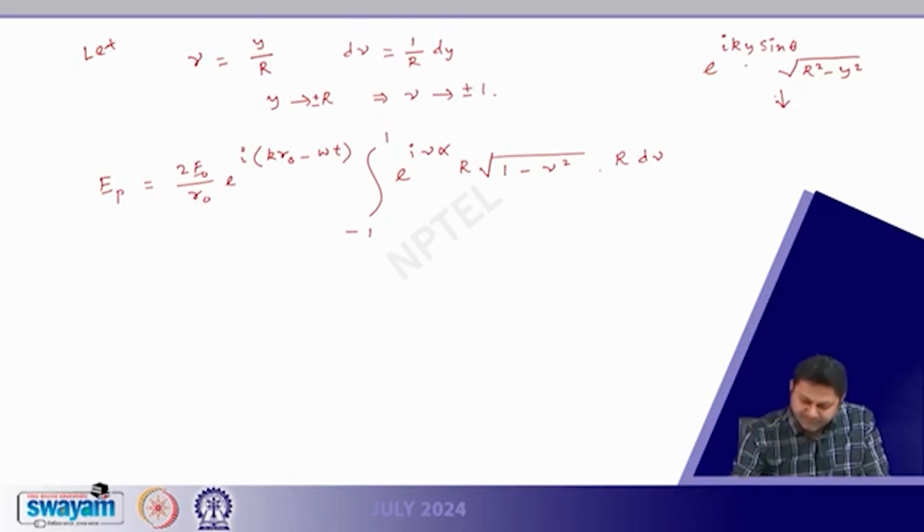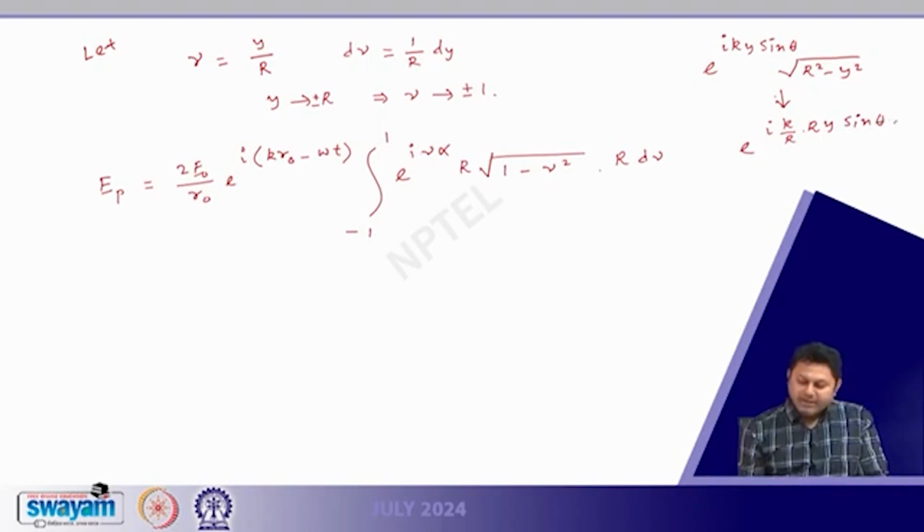So, this term actually is written e to the power of I k divided by r, then we have r, and then we have y, and then we have sin theta. So, y by r I can write nu.